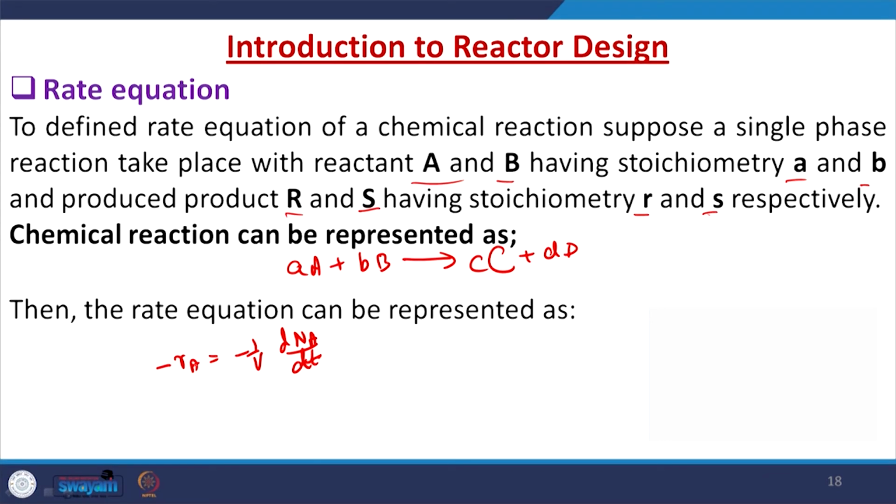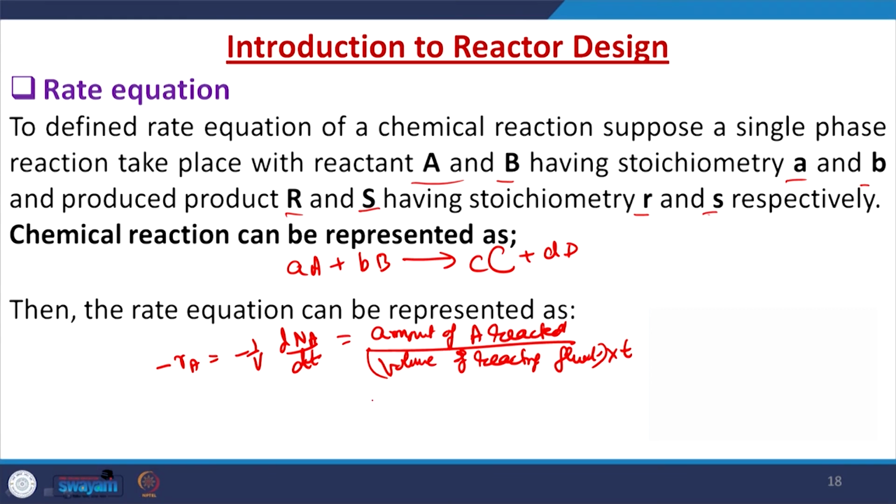This is for A, because the minus sign is put since A is consumed in due course of time. So minus 1 upon V dNA upon dt is equal to the amount of A reacted divided by volume of reacting fluid multiplied by time, and the units are mole per meter cube per second.